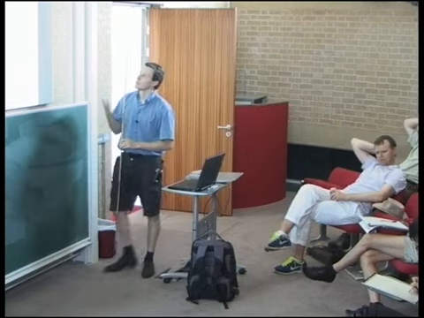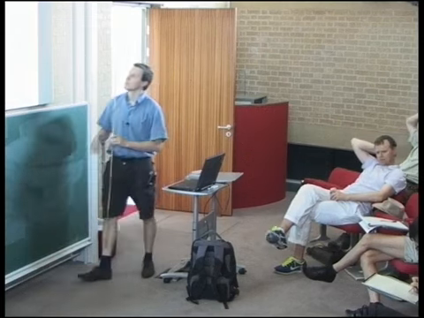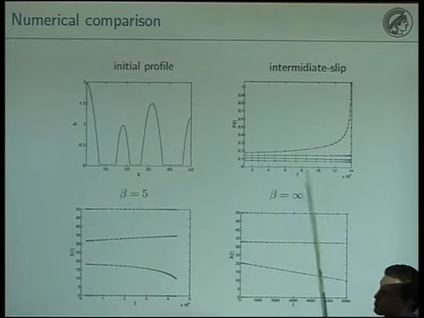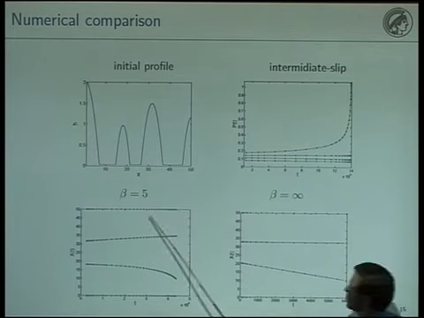Numerical comparison of the full ODE system with our reduced ODE system shows coincidence up to the order of epsilon. Epsilon in this simulation is around 0.025, and you see that up to this order you have a very good coincidence.